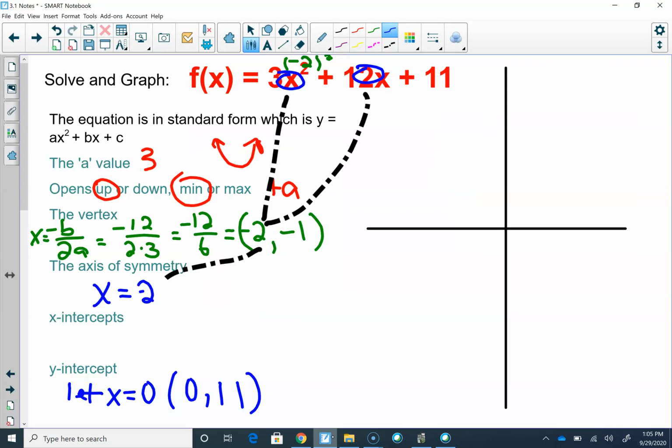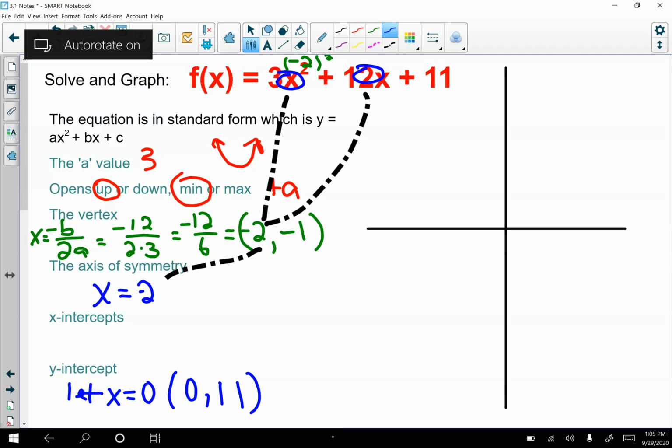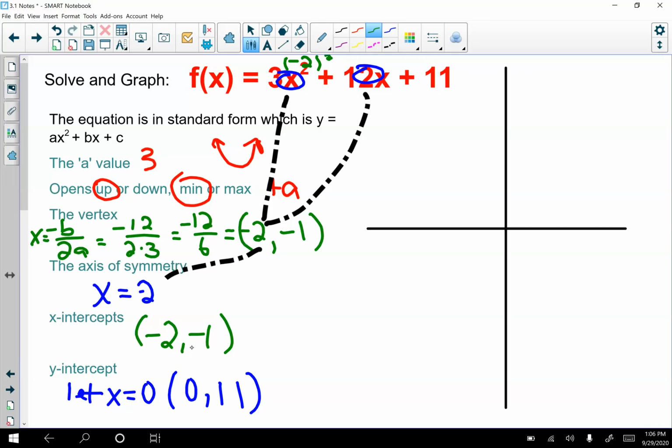So now that we got all of those, we need to actually put it on our graph here. So we ended up with the vertex of negative 2, negative 1, and we actually found that way though too. I have that in the wrong spot here.